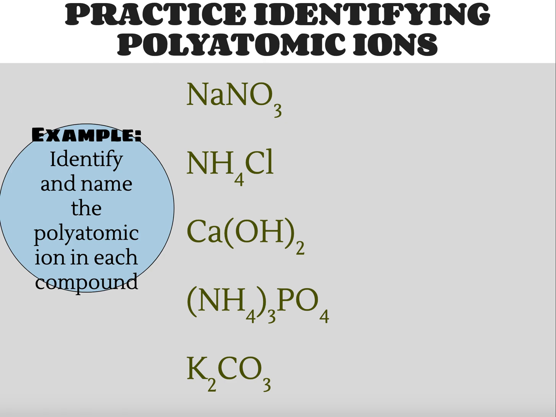So if you can't identify the polyatomic ion, then you're probably going to name it incorrectly, which would get points off on the test. So if I were you, I would pause the video here, maybe write these examples down in your notebook, and then just circle the polyatomic. So have your ion sheet out in front of you, and this is really just a game of matching. So go ahead and pause the video and give it a shot right now.